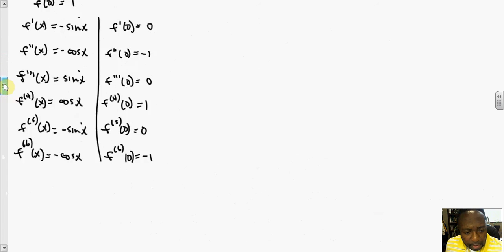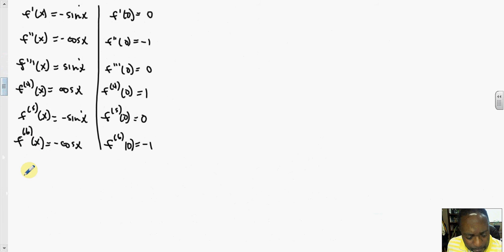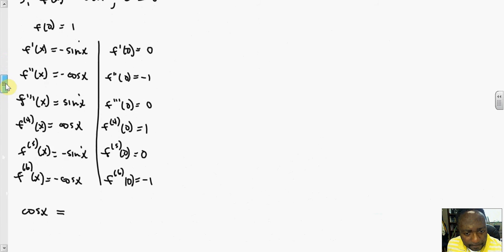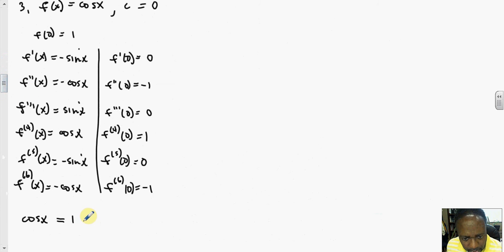So if you see the pattern, I think we can build it. So here, cosine x is equal to that first term we got, which was 1, and then plus 0 times x for f prime, minus 1 times x squared for that second derivative divided by 2 factorial, plus 0 times x to the third over 3 factorial, plus we come to the fourth derivative.